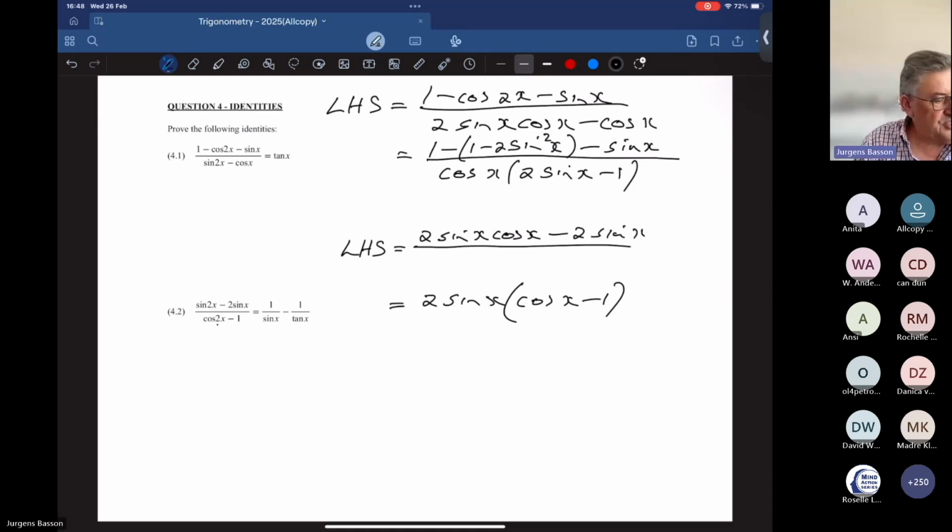Now the big question. What will we do next? If you look at the right-hand side, you notice that we've got sine below the line. The tan below the line is a sine over cos, and if we flip it, it's cos over sine. So that's also a sine below the line. So I get a funny feeling that we must change it to sine.